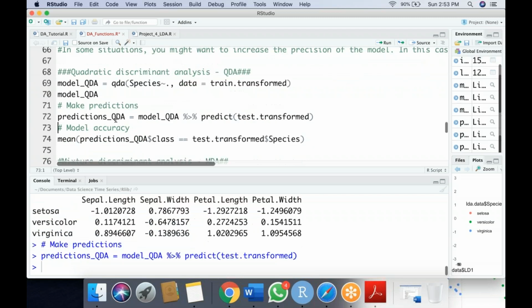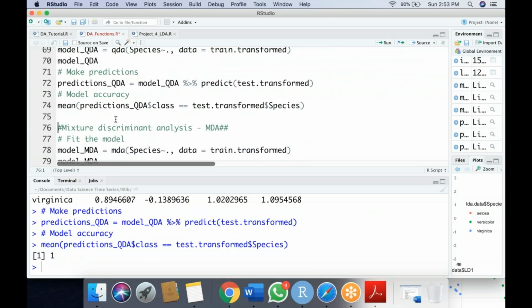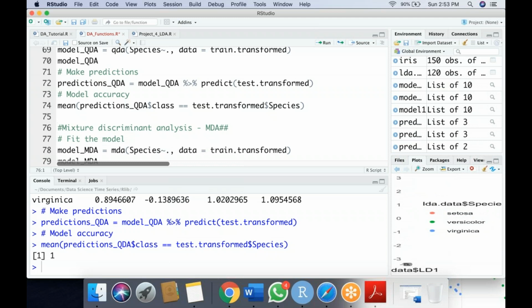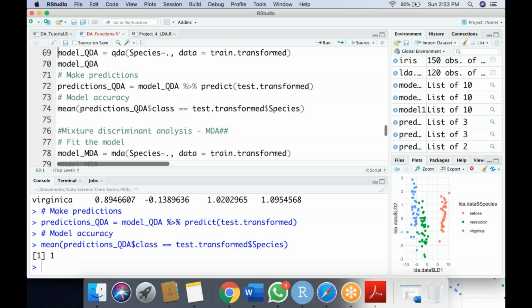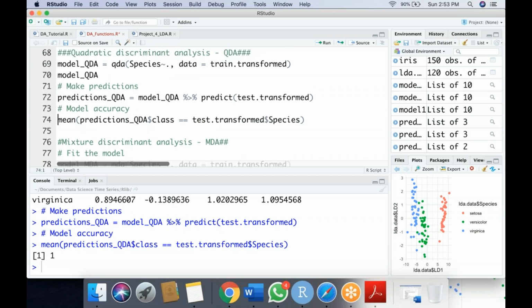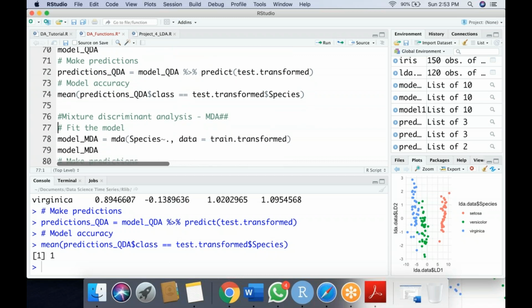Here you can see the QDA predictions. Because it's a very small data set, we get a very high level of accuracy, but this accuracy will definitely change when you are working with other data sets. So that is the way you can get your QDA.